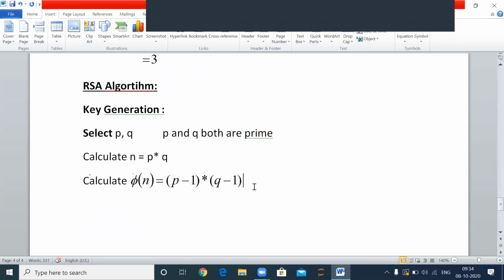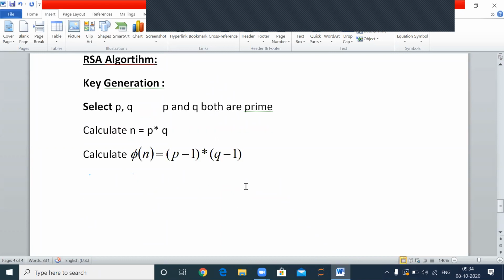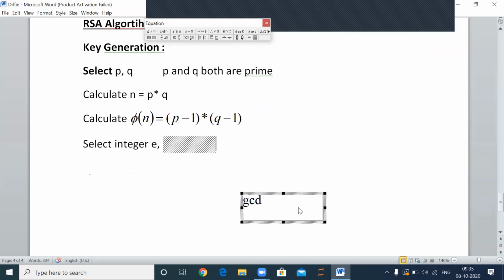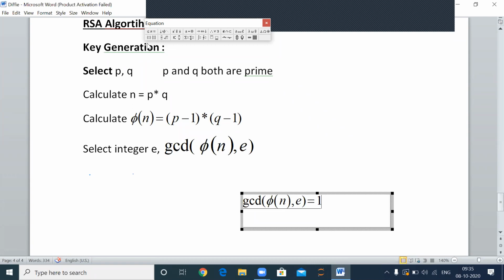Then we select the integer e. How to choose the integer e: the greatest common divisor, GCD of phi of n comma e, that is the chosen integer, is equal to 1.